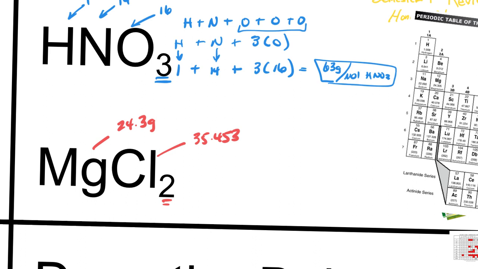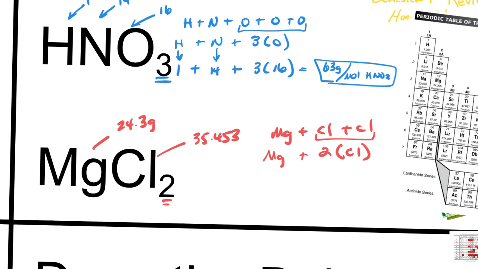So if I do this, what I'm really doing here is I'm looking at the mass of magnesium plus the mass of 2 chlorine atoms. The 2 chlorine atoms can be written as 2 times the mass of chlorine, and I'll add that to the magnesium. And all I need to do now is replace the mass here when I see the symbol.